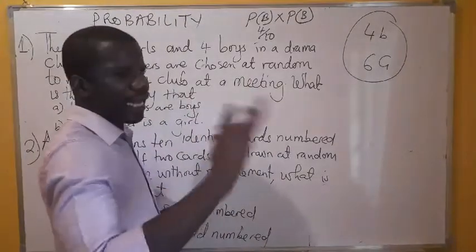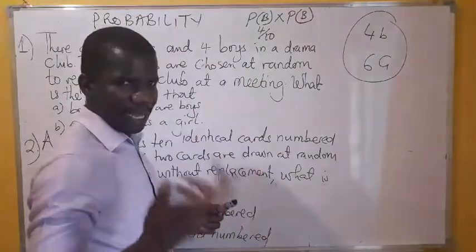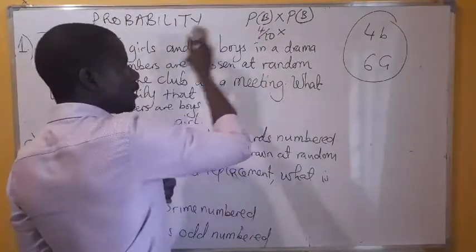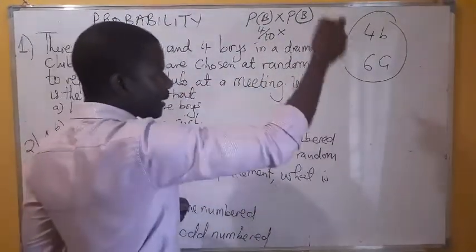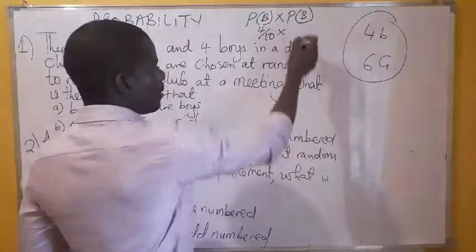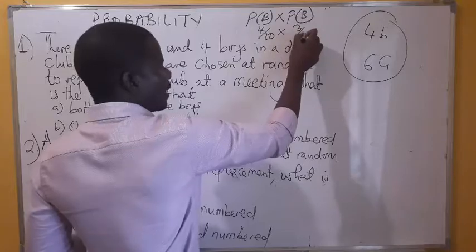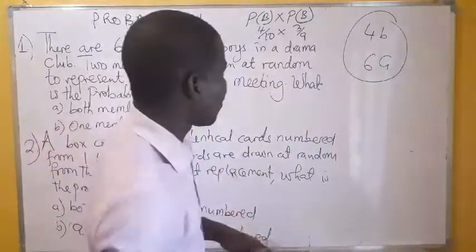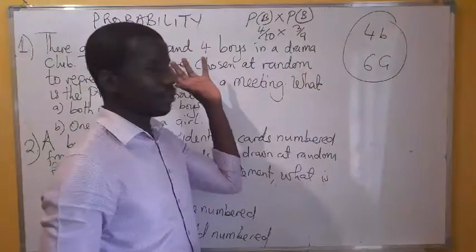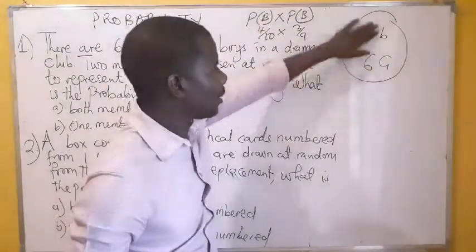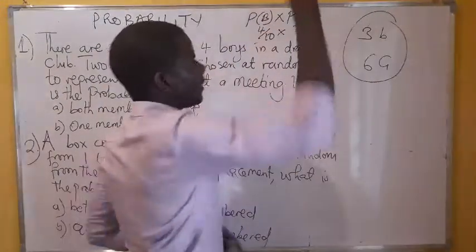Then to have another boy, the first one selected is a boy, so we are now selecting from 3 boys over 9. We are remaining with 3 boys, and the total number has also reduced from 10 to 9.